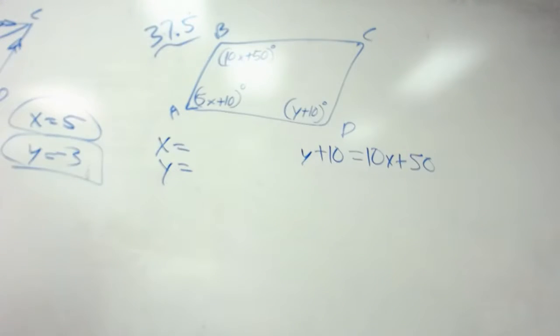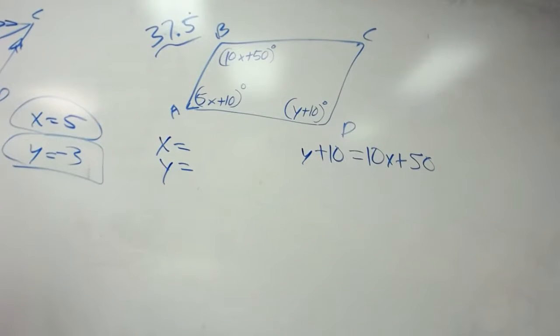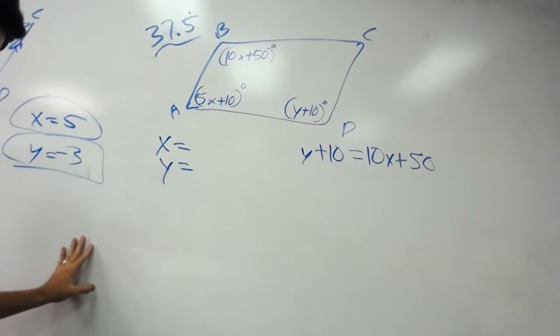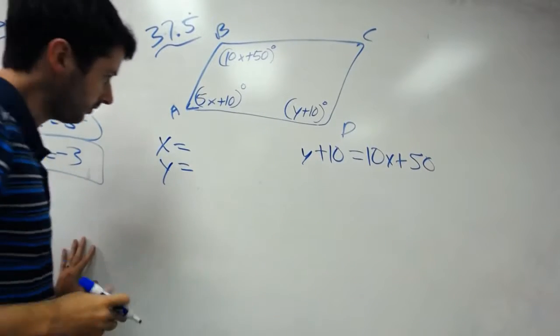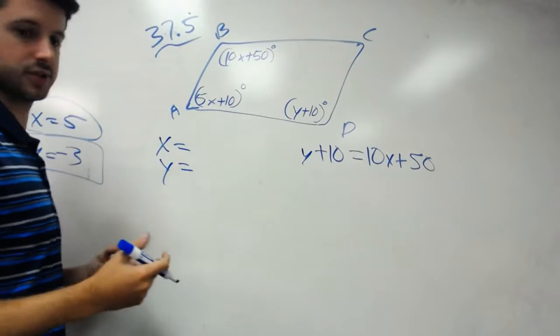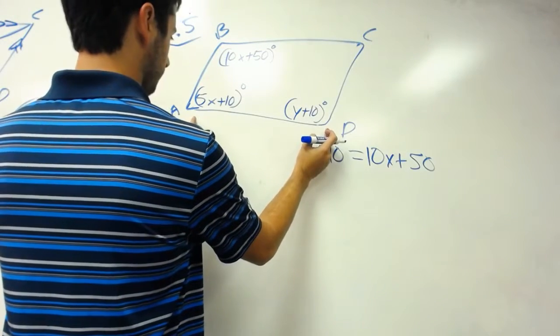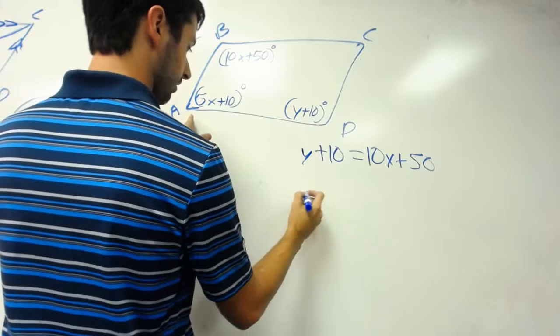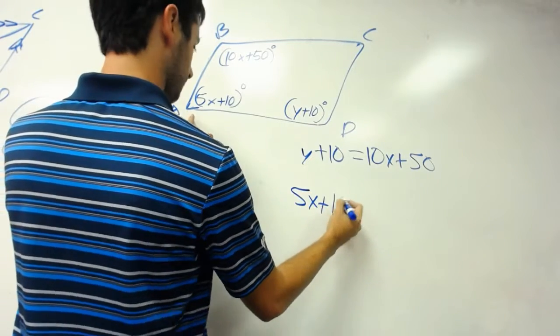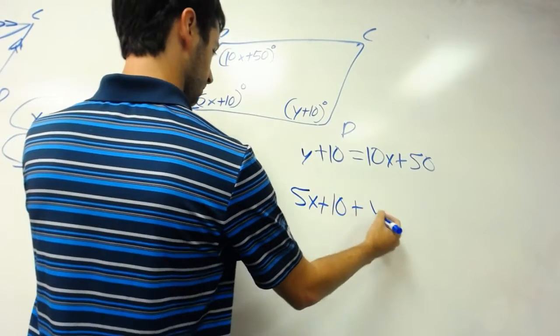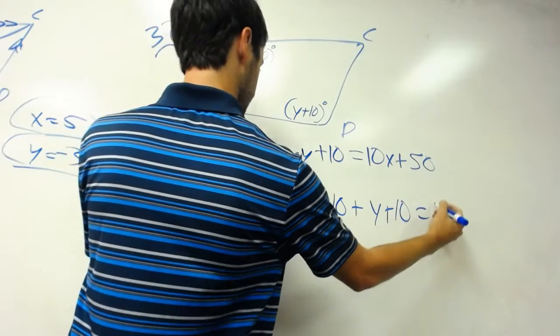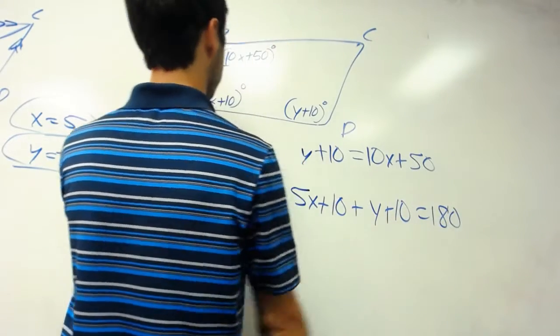Let's look at another property of parallelograms. Well, the other one for angles, it says, is the sum of any 2 adjacent angles is 180. Adjacent means next to. So these angles are next to each other. So therefore, they would be supplementary. We could say 5x plus 10 plus y plus 10 equals 180.